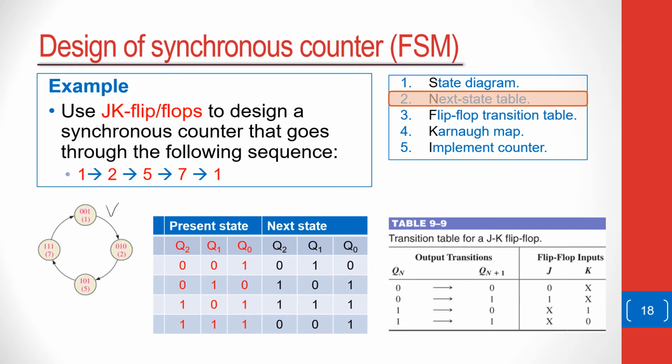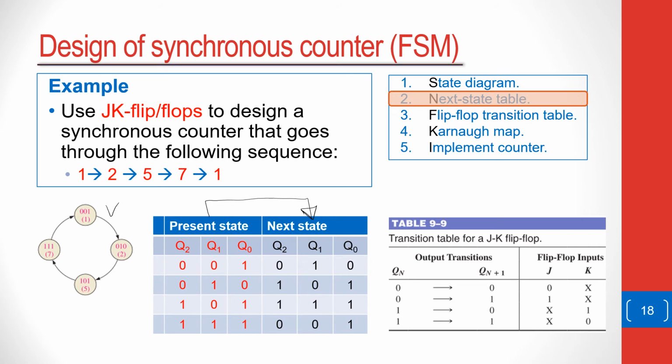It shows how the present state changes into the next state, and all of this we do in preparation for drawing up the flip-flop transition table. Remember, in this case, what we need to keep in mind is that there is a different way in which the JK flip-flop operates as opposed to the D flip-flop.